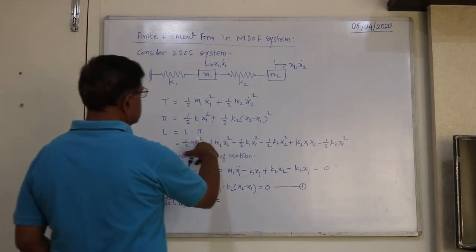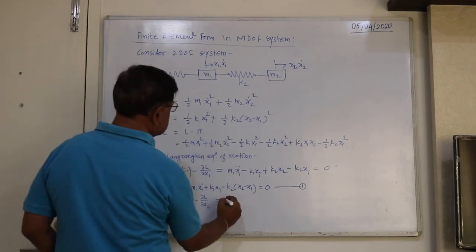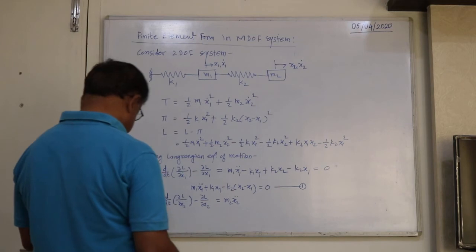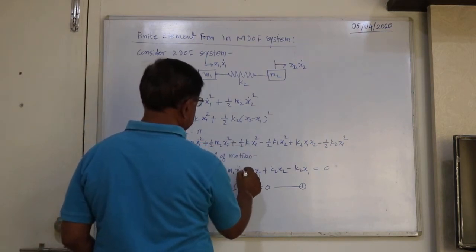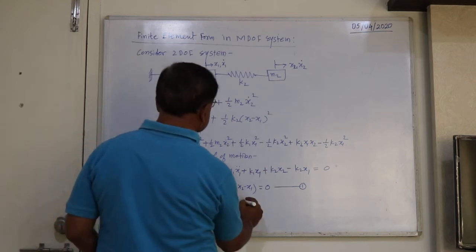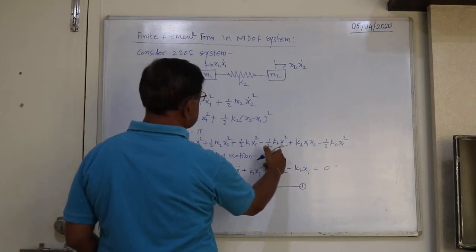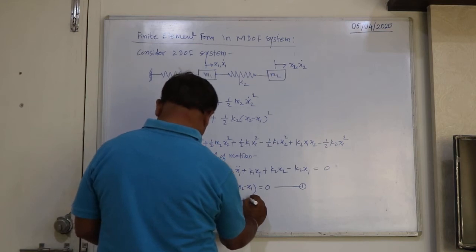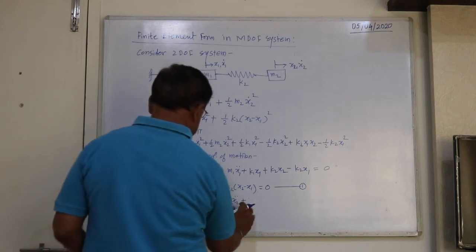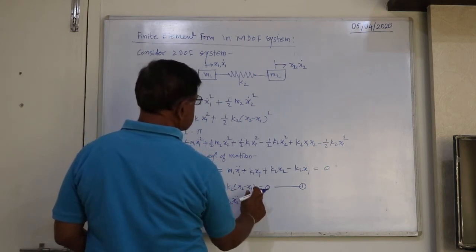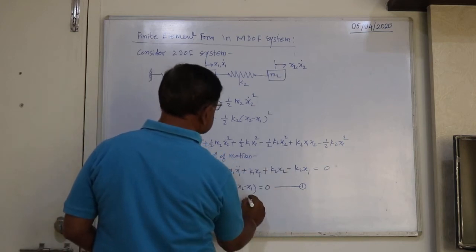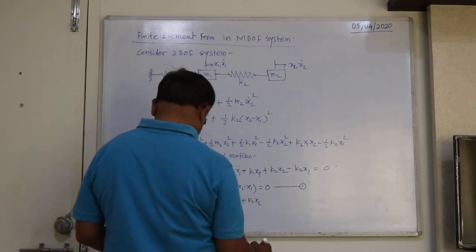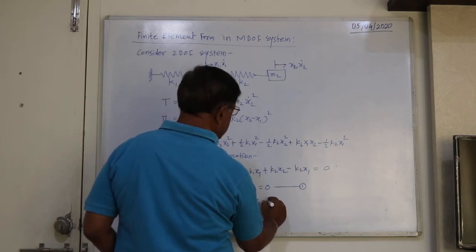So this is m2 x2 double dot, and the other terms are k2 x2 and minus k2 x1.